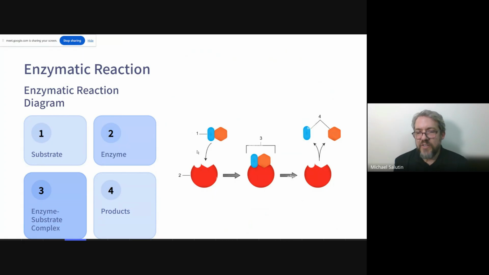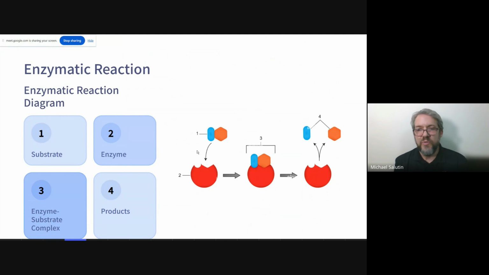Now the actual reaction occurs, and the reaction for catalase is to break apart the hydrogen peroxide into water and oxygen. So in number 4, these new results basically are called products. The hydrogen peroxide has now been broken apart.